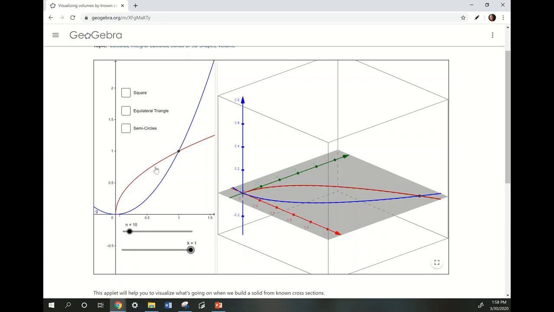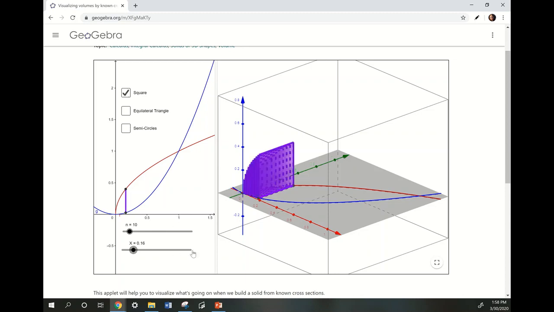So let's say you have a base area, in this case between the red function and the blue function. So each of these is kind of a representative rectangle of the base of this solid. So you can see in the three-dimensional figure that it's going to become the base. That's why it's flat. And then what we're going to do is we are going to use squares.